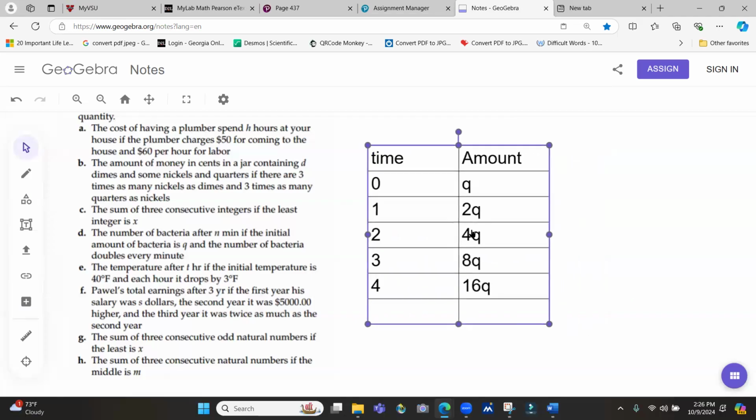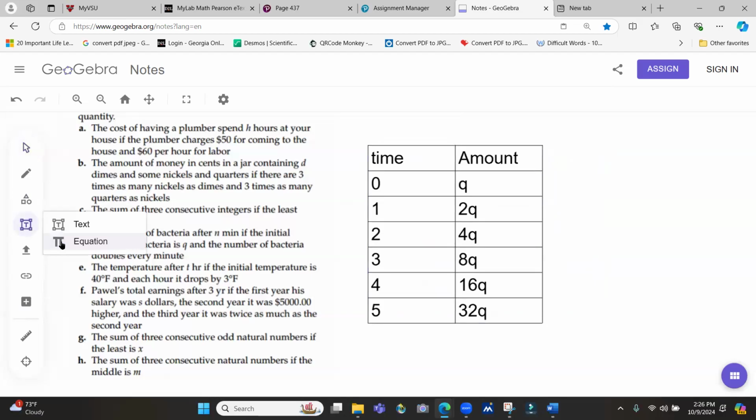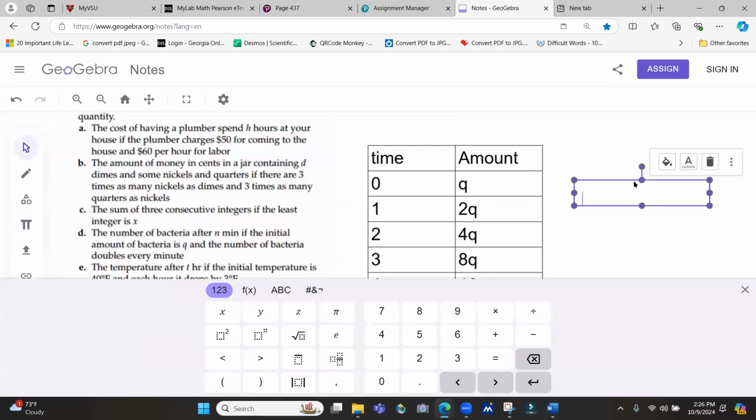Let's do one more. 5 minutes, 32 times Q. Now, you can probably see a pattern, but there's a better way of writing these numbers. You can write them as follows. I'm going to rewrite them here.